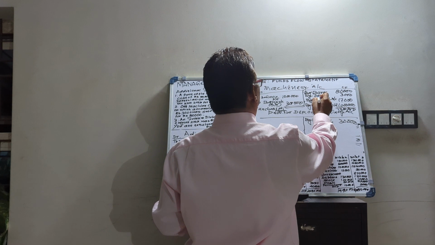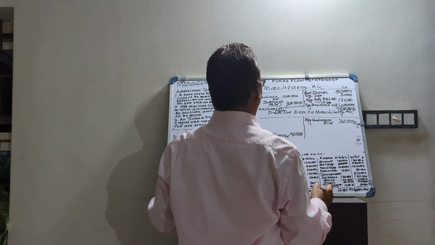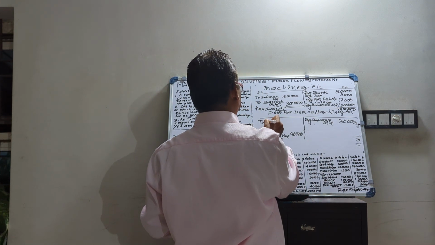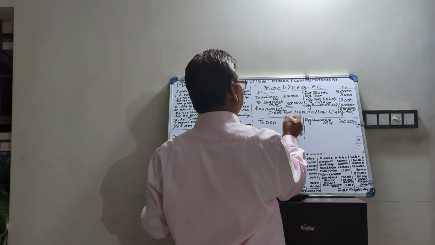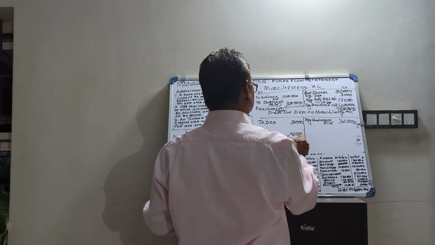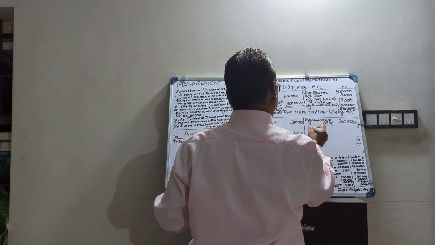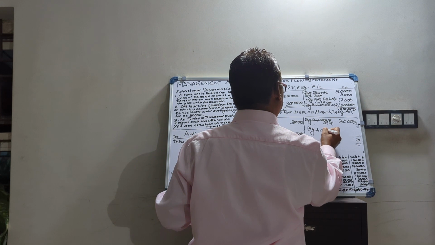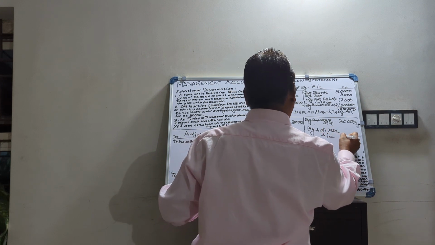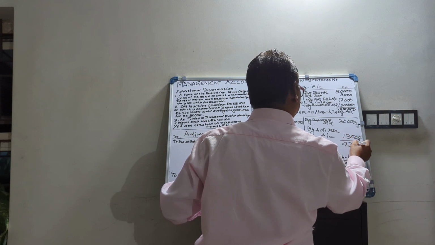Then depreciation account debited to machinery. Then depreciation is closed by transferring to provision for depreciation. That is 3,000, so it is 43,000. That will be adjusted from adjusted profit and loss account. So depreciation on machinery is 13,000. That will be posted here.